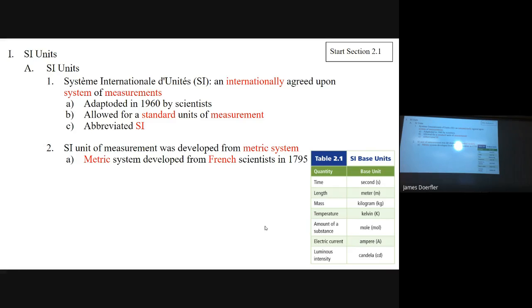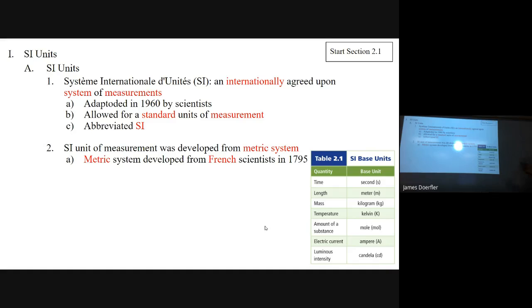So really, SI units establish a common language in the scientific community. No matter where you are in the world, you can look at somebody else's calculations and understand what they're trying to show you. It's only been around for about 60 years, so it's a fairly new concept in the realm of science.